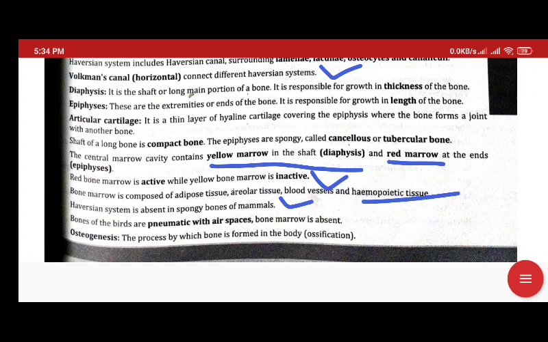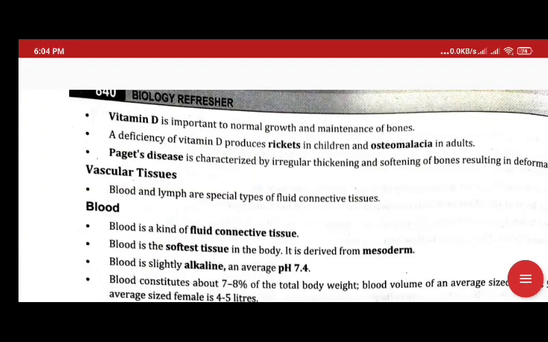Pneumatic bone is present in birds. Osteogenesis means formation of bone.